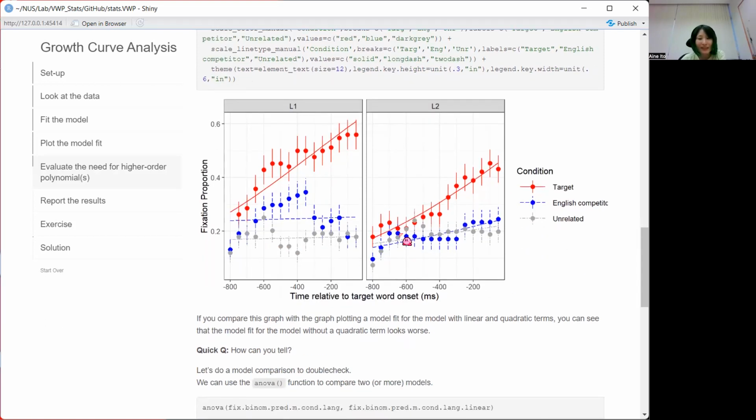If we look at this, we see that these means are often away from the model fit. So at least for one group's data, this is not doing a great job of fitting the model to the data.